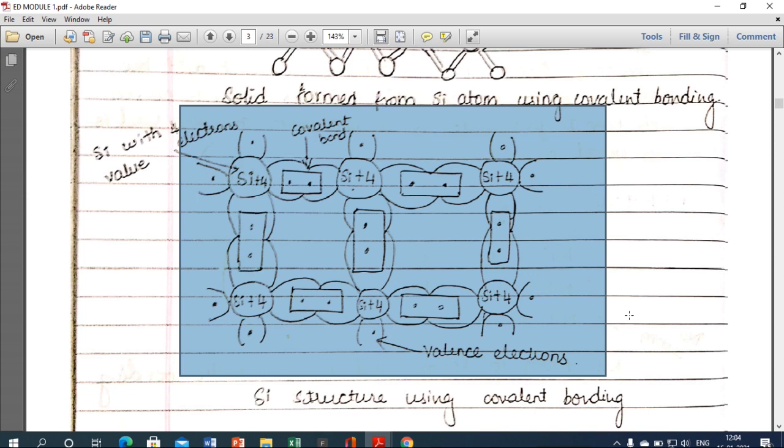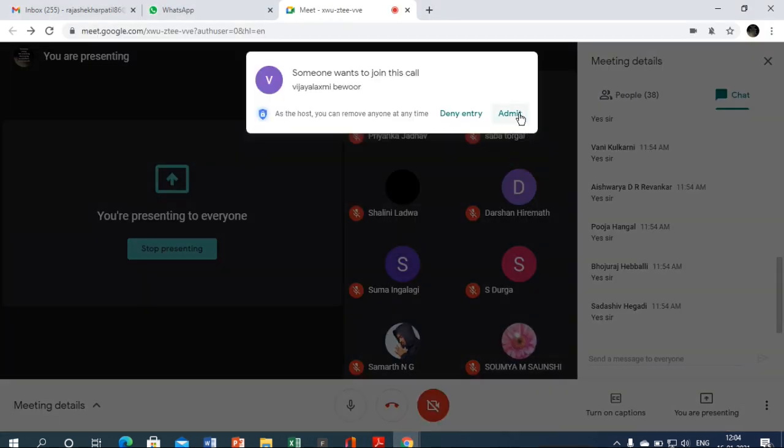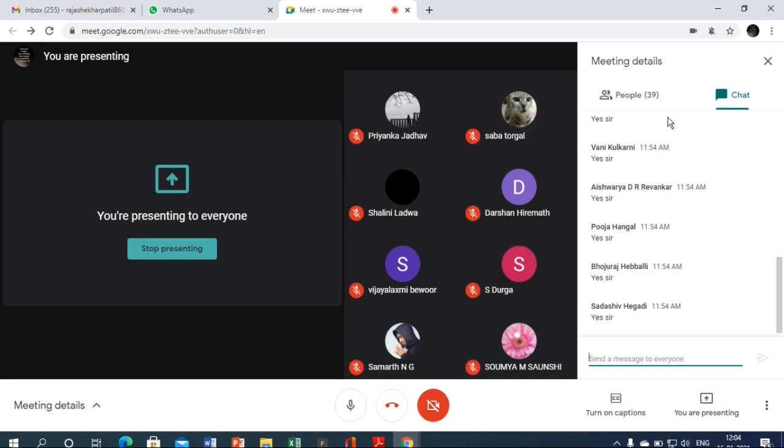We already discussed that in p-n junction module 2 also. Here we have taken one silicon atom, plus 4 indicates it has 4 free valency electrons. These are the 4 free valency electrons which are surrounded in the valency band.